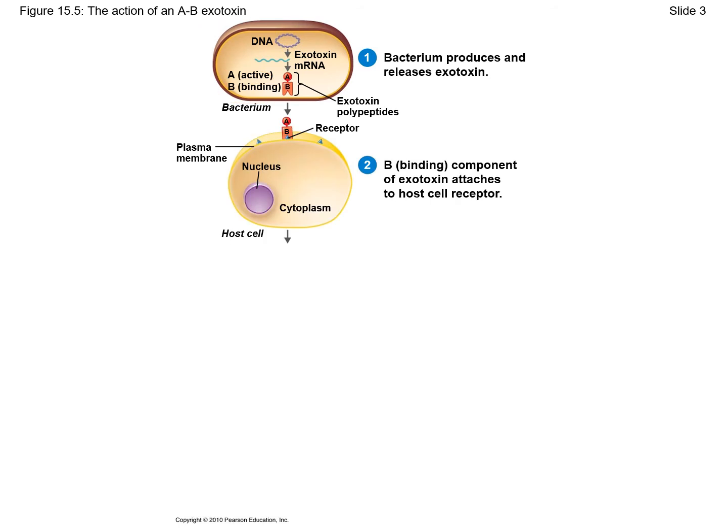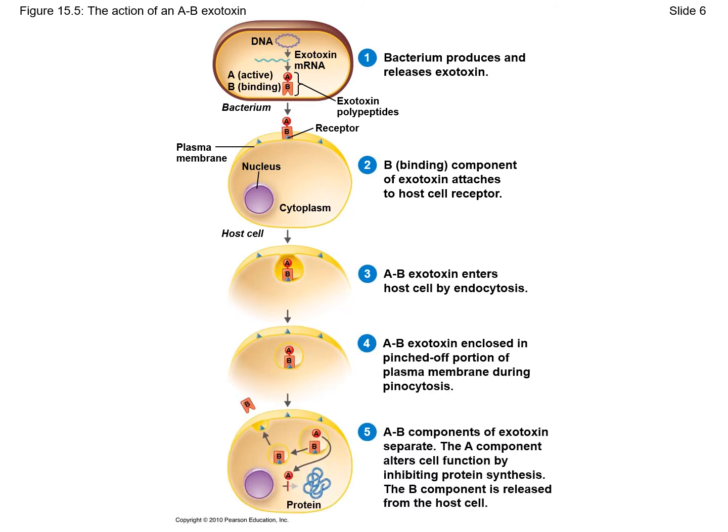The exotoxin will be secreted out by the living cell. And then the binding component is important for recognizing the appropriate target cell. So the B part of the exotoxin recognizes the appropriate target cell, and then the A component, which is the active component, will have the negative effect on the target cell.